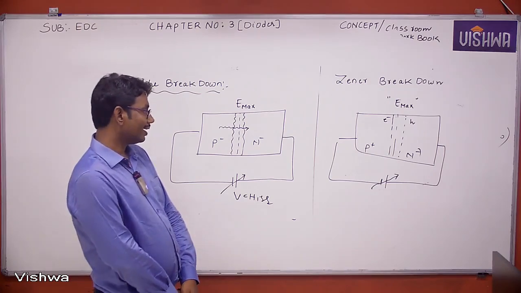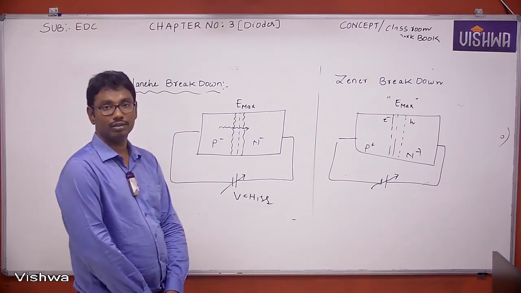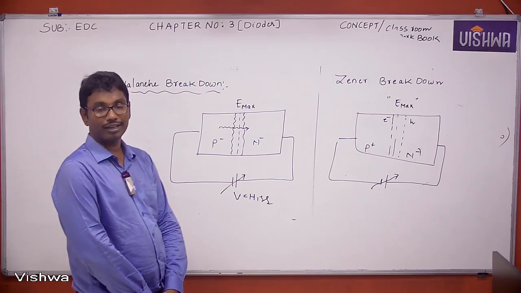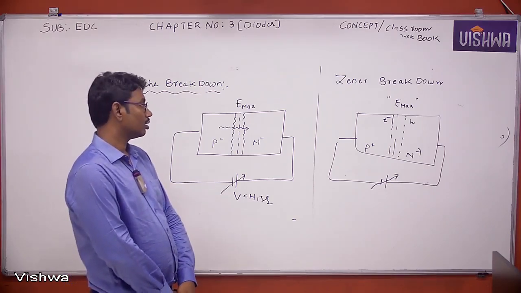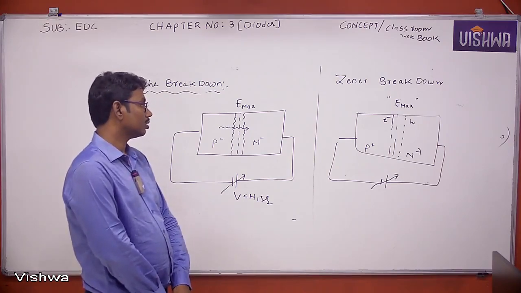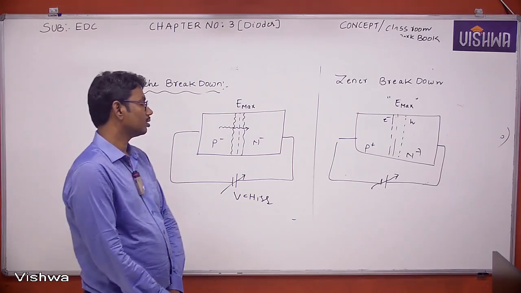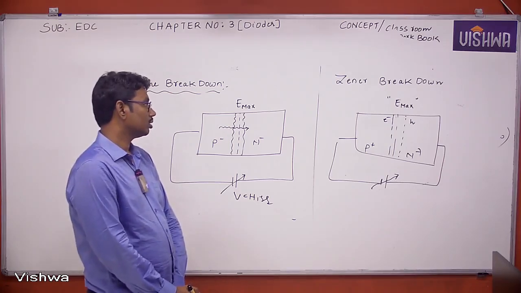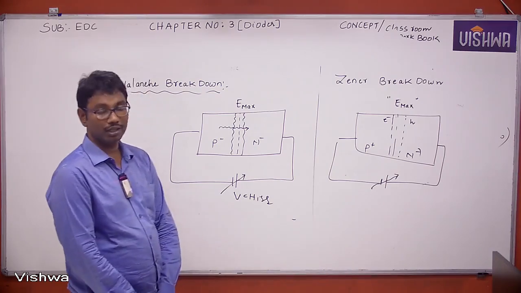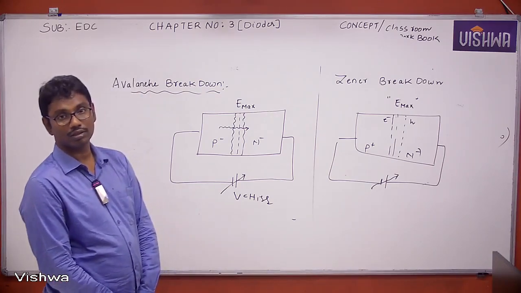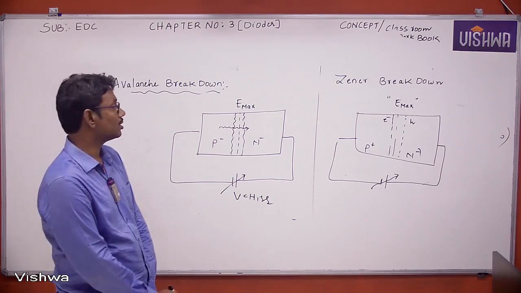This sudden increasing of current due to strong electric field is called Zener breakdown.